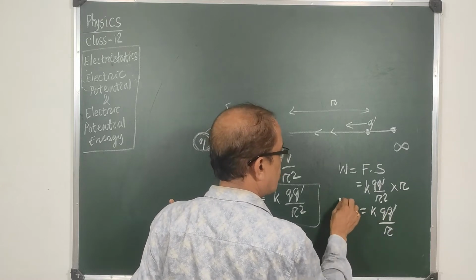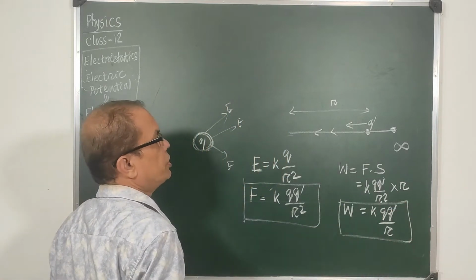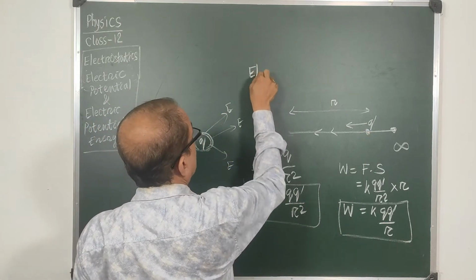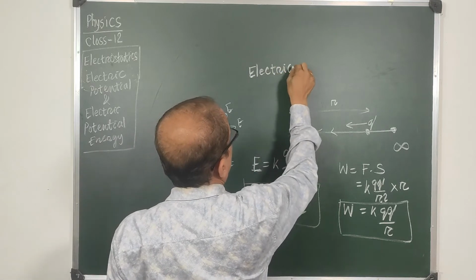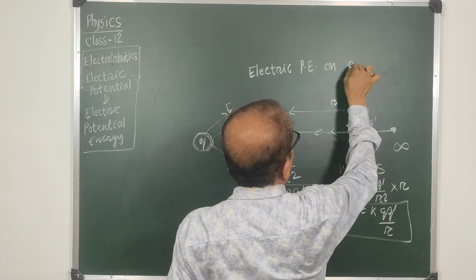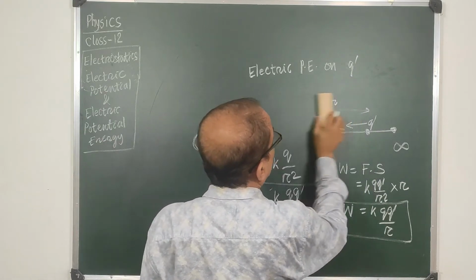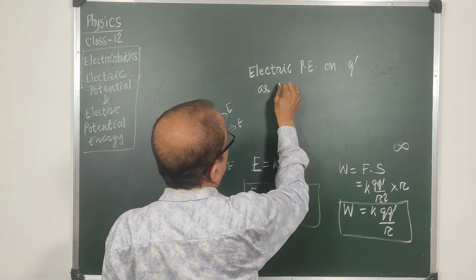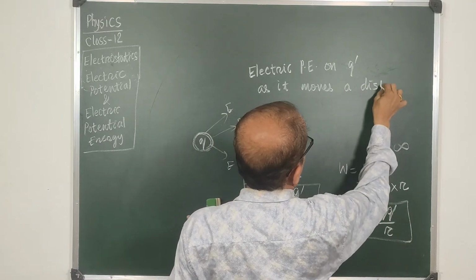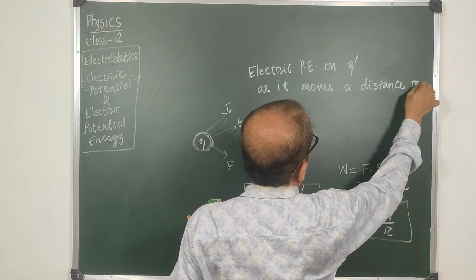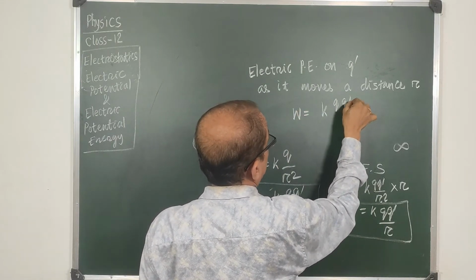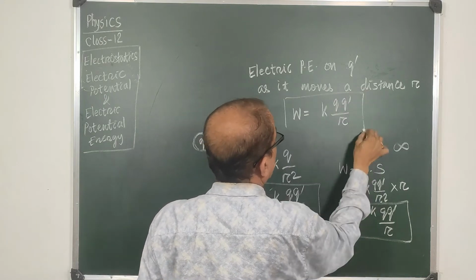So this will be the work done, and if this work is stored in this charge as its potential energy, then we can say that electric potential energy on a charge q dash, as it moves a distance r, is given by W is equal to k q dash by r. This is electric potential energy.